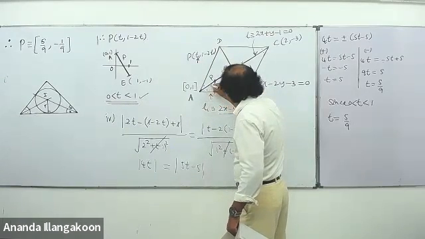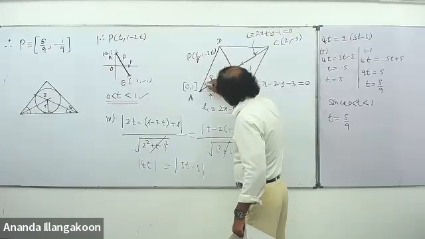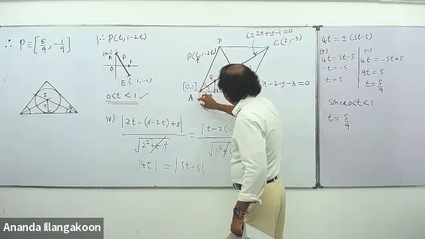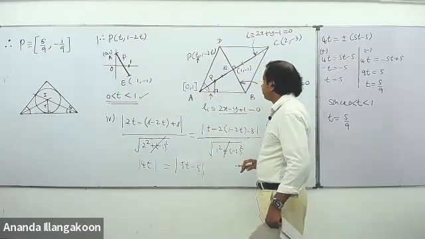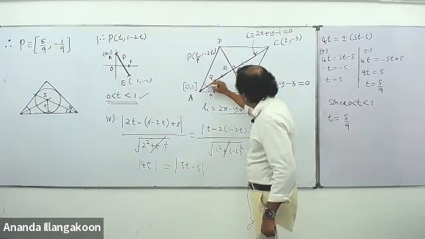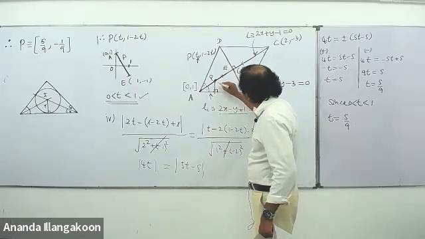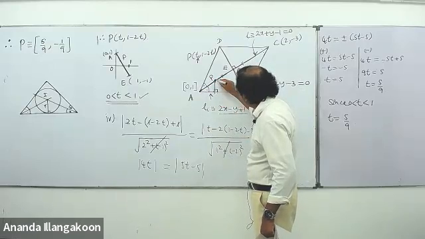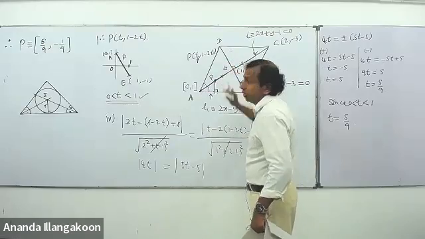What is this line? It is the angle bisector of this angle A. On this angle bisector of the angle A, the point P lies so that the perpendicular distance from P to this AB and P to this BD are equal. See here.